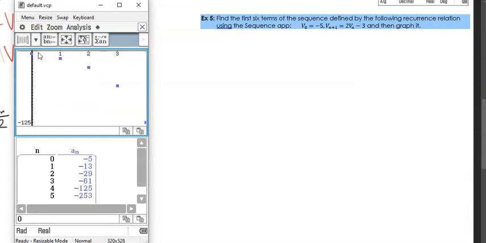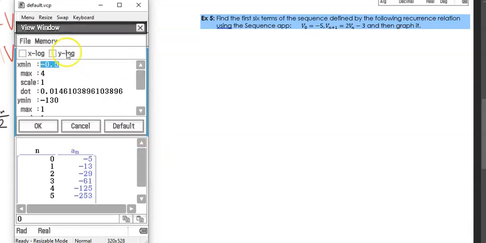Now, sometimes it might not graph it to the correct screen to what I have here. So in order for you to change this, we're going to click this button here. And this is a view window screen. On here, we want to tell the calculator where we want our X values to be from smallest to largest, and where we want our Y values to be from smallest to largest. The X values are just the iteration values.